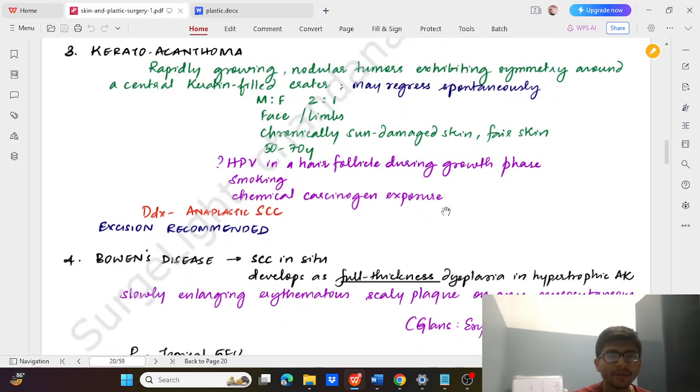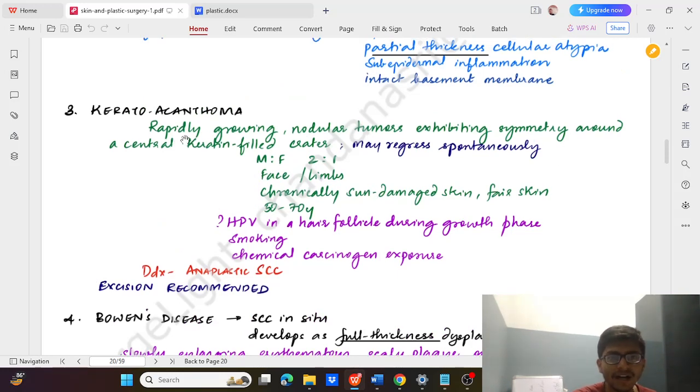Then we come to the third point, that is keratoacanthoma, where we see a rapidly growing nodular tumor exhibiting symmetry around a central keratin-filled crater, a crater hole which is surrounded by the nodular tumor, which is rapidly growing. Sometimes it may regress spontaneously. Males are more commonly affected, 2:1 is the ratio.